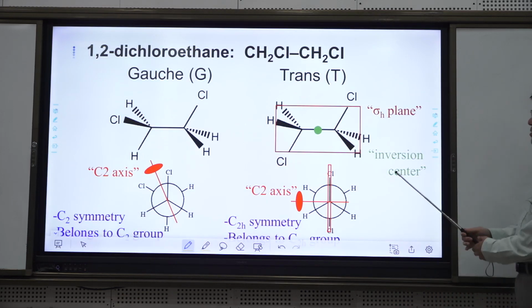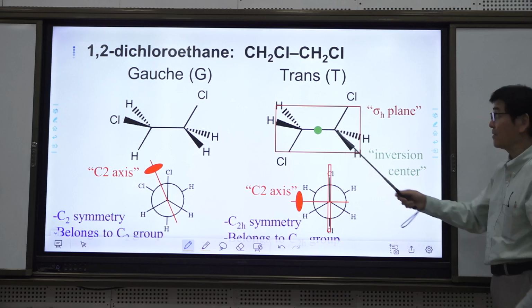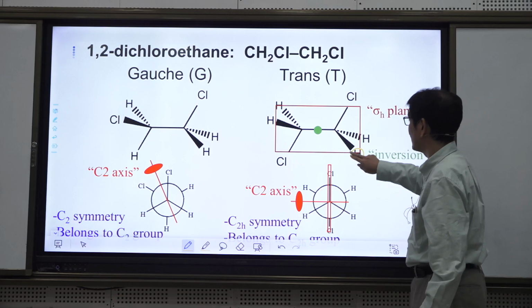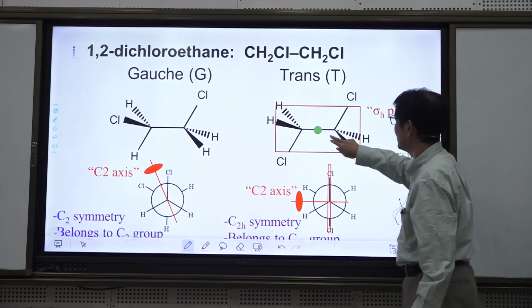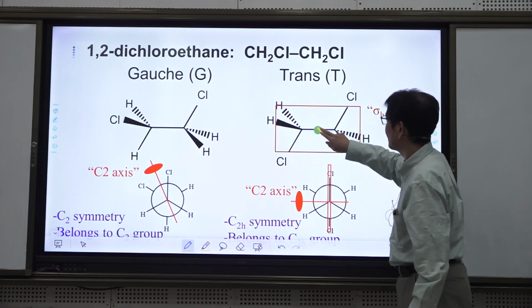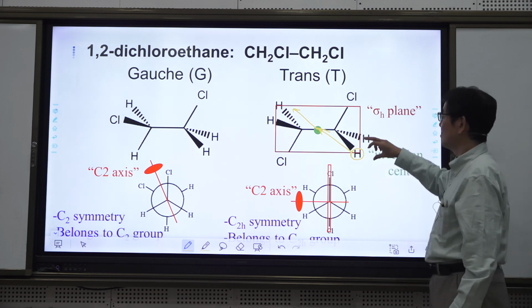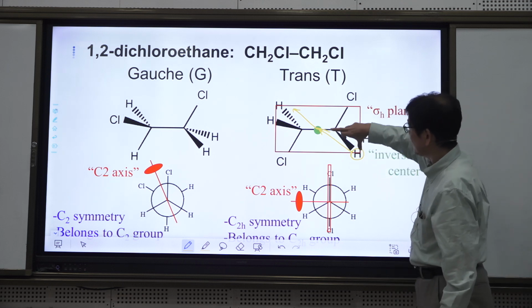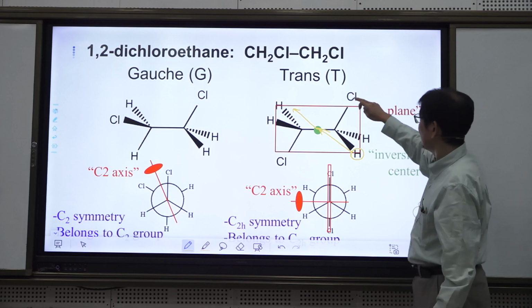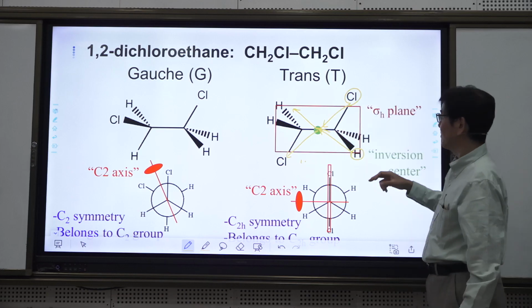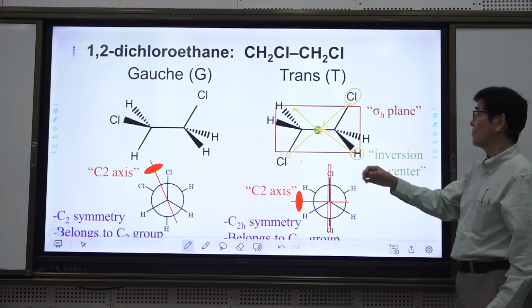And this molecule has an inversion center. So, by moving H atom to this position, move Cl atom to this position. So, how can I say?